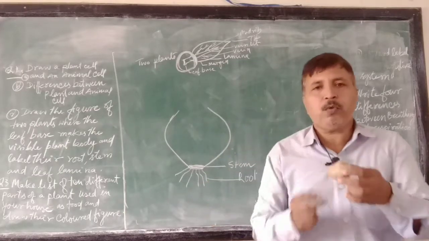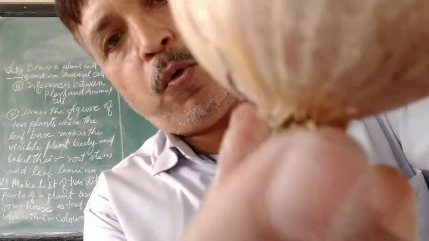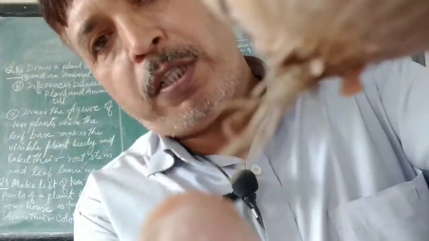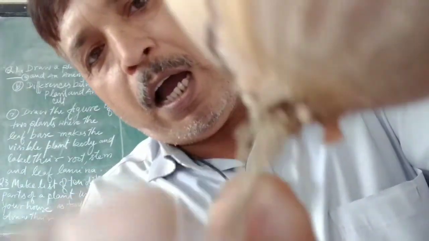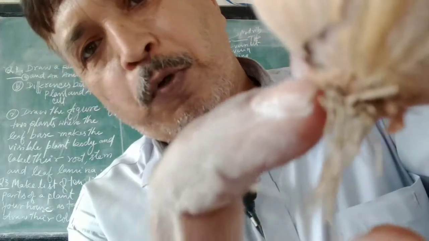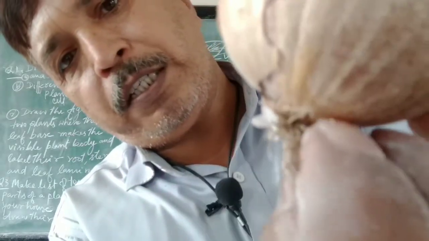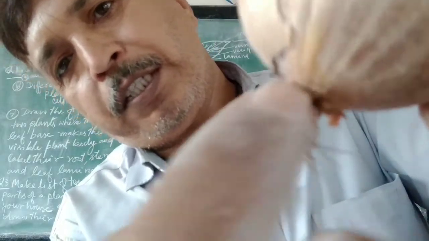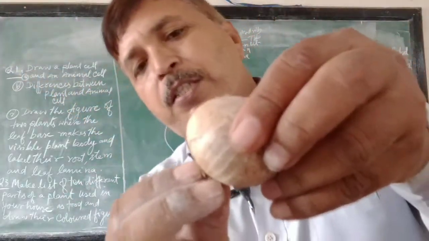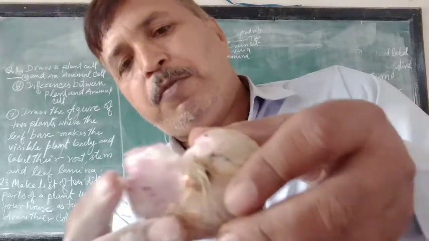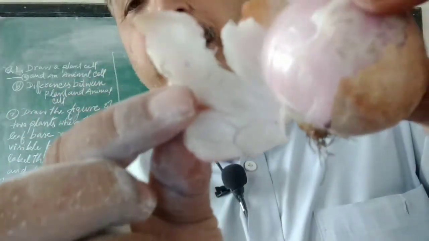I have shown you the roots. You can see these roots. This I am holding the roots, and just above this portion, that I am showing, this portion is the stem, and from this portion these leaves have started. You see this leaf has come out.